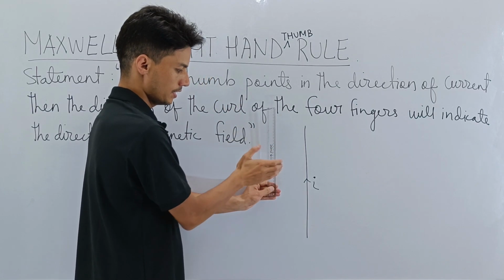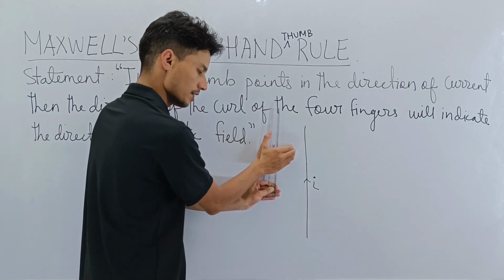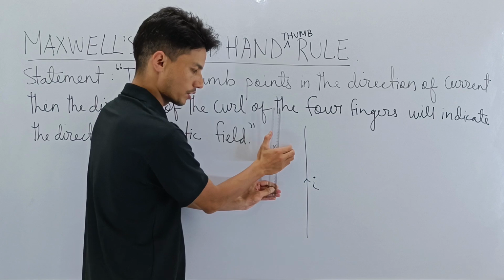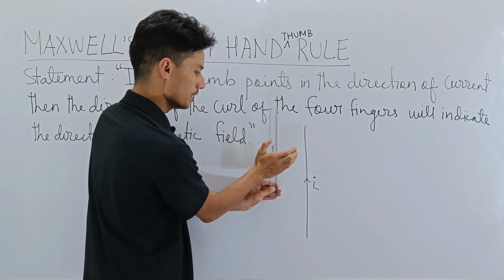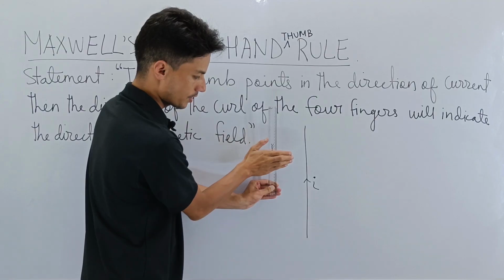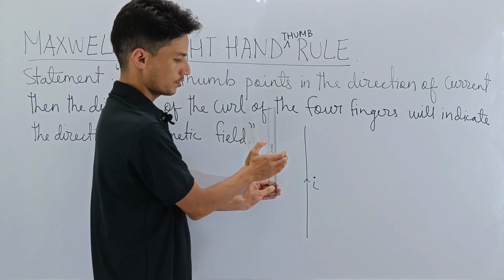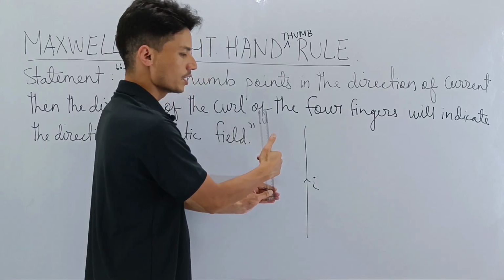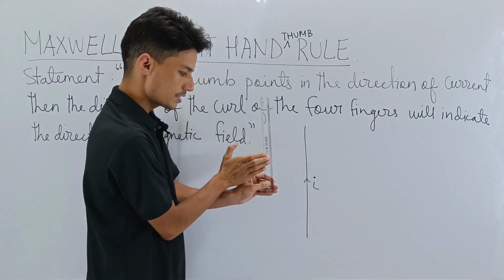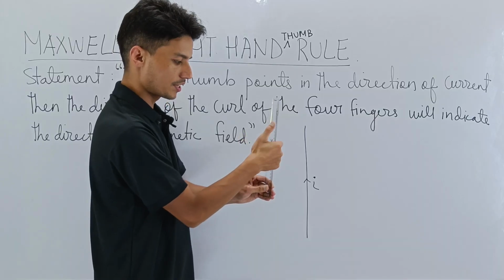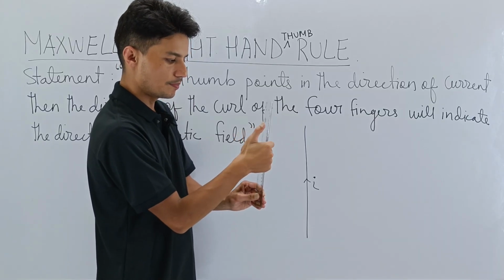See, it's touching the whiteboard, which means it's going inwards. So the four fingers are curling inwards. The direction of the curl of the four fingers will give you the direction of the magnetic field.